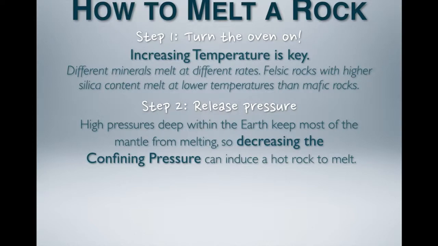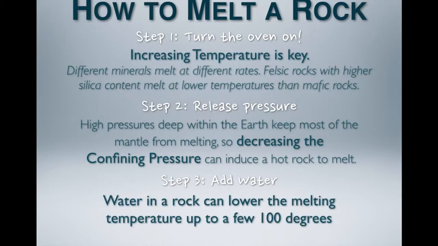It is solid because the pressure is so great that it overcomes the temperature and maintains the material as a solid. So if we decrease the pressure or the confining pressure, that material can start to melt. So we can melt rock too.